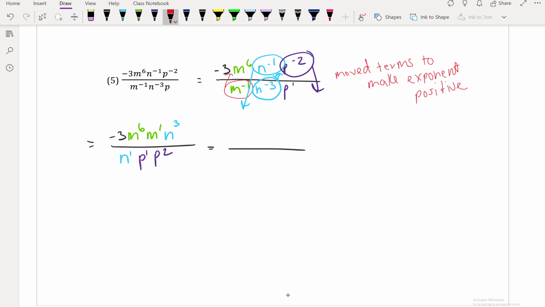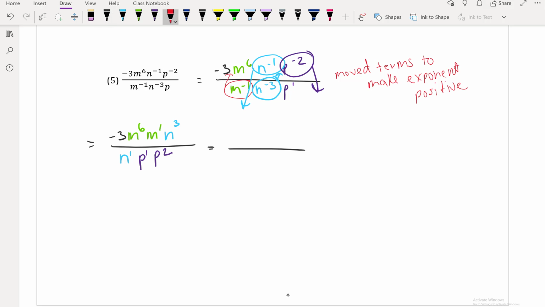So that's what you're trying to do. You're trying to move around all the different terms to make sure that you have a positive exponent. So if it's in the numerator and it's negative, move it to the denominator. If it's in the denominator and it's negative, move it to the numerator.